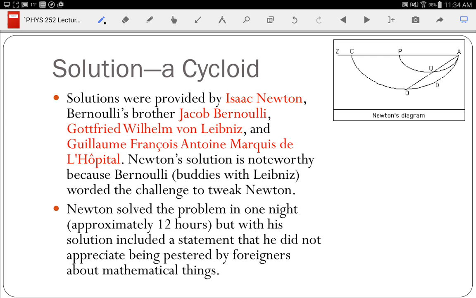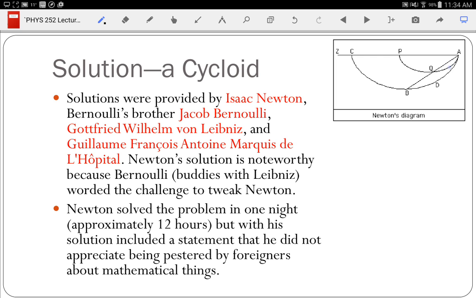And so Bernoulli, when he put out the challenge, he put in some verbiage to tweak Newton. I don't even remember what it was. And so Newton solved it, and with his solution he said, I don't appreciate being pestered by foreigners about mathematical things. So he basically was challenged, he had to do it because the guy had tweaked him. But he put in his statement about, I don't appreciate having to do that.